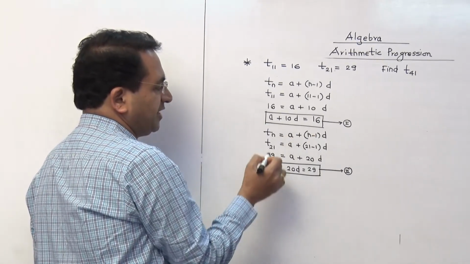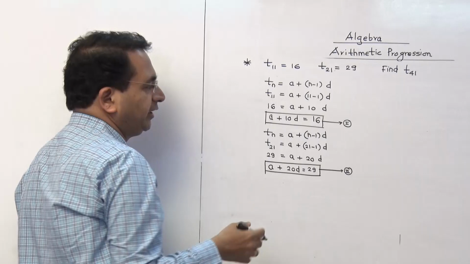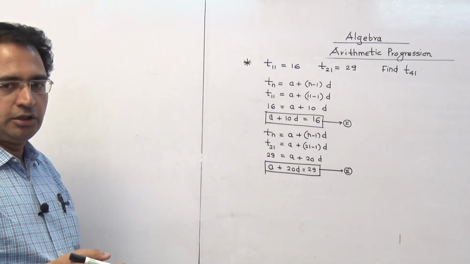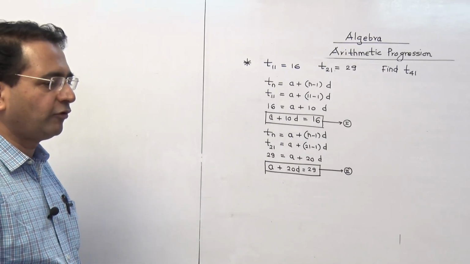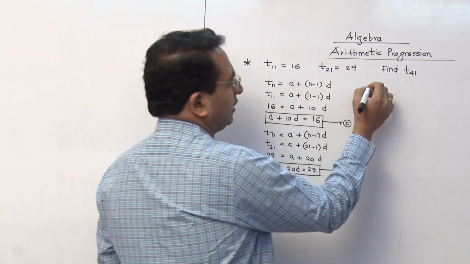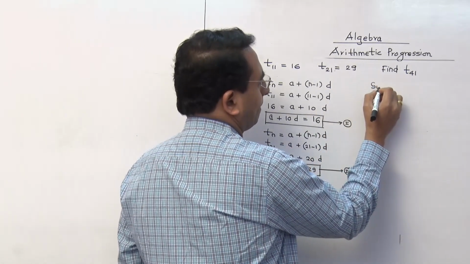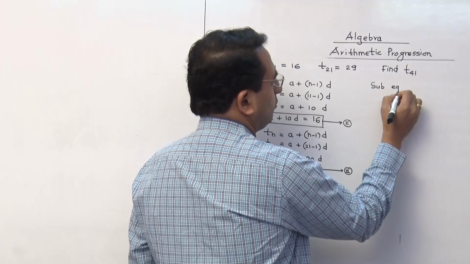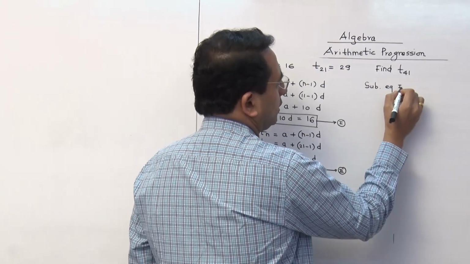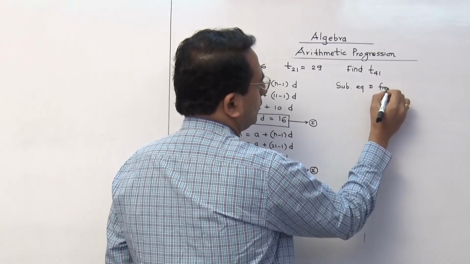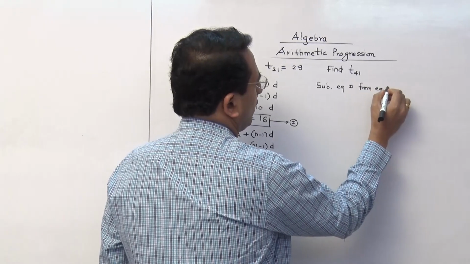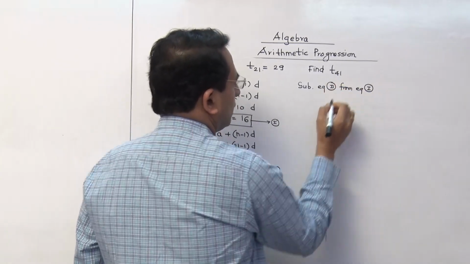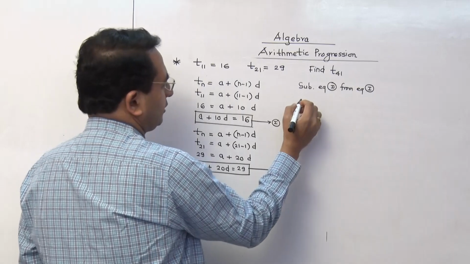That is one method, basic method what we have studied is equating the coefficients. The coefficients are equal for A. So what we do here, we have to subtract equation number 2 from equation number 1. I hope you are knowing this method.